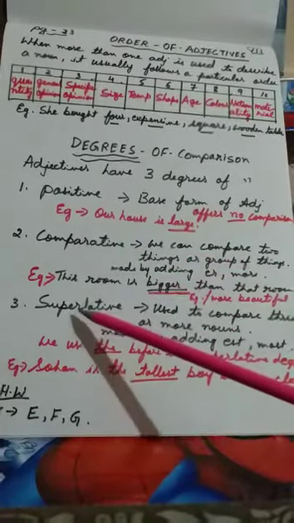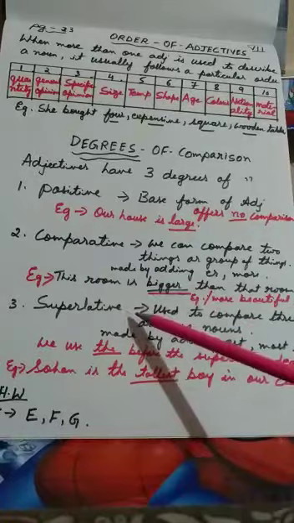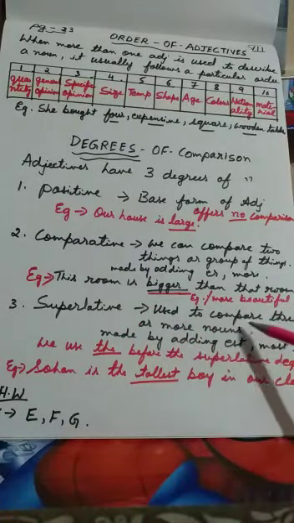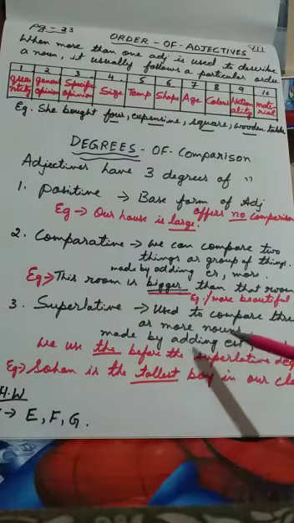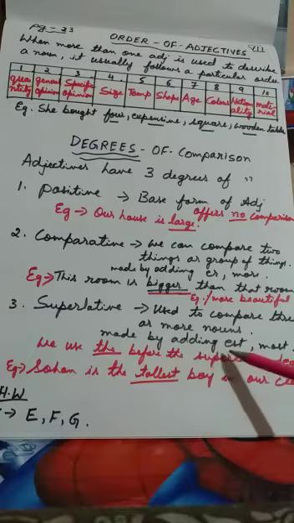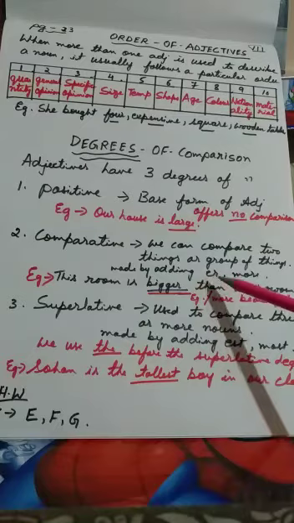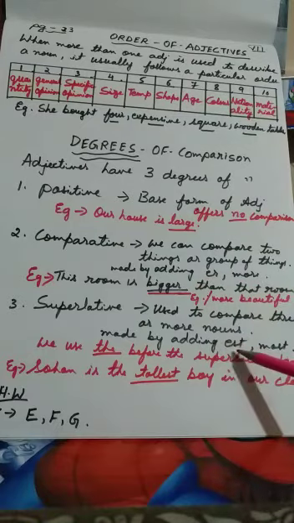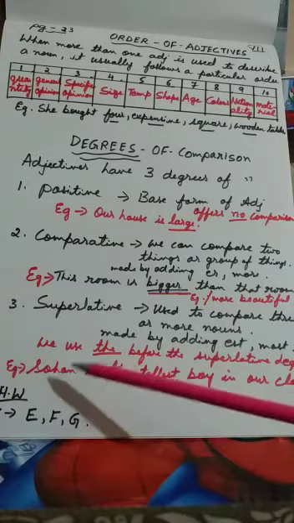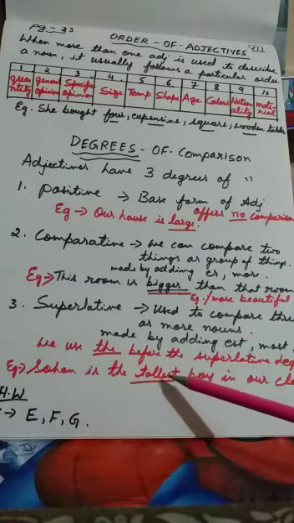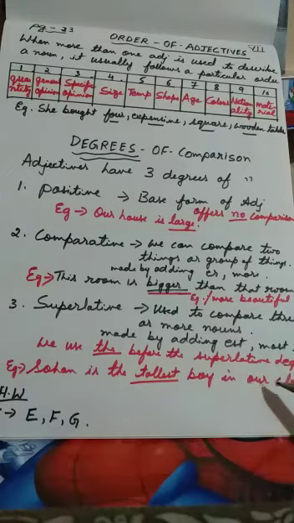Then comes the third one, the superlative degree. It is used to compare three or more nouns, and it is usually made by adding either est or most. Here you add er or more, here you add est or most. For example, Sohan is the tallest boy in our class.